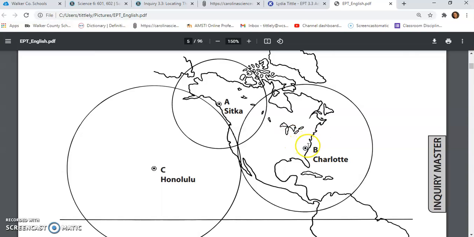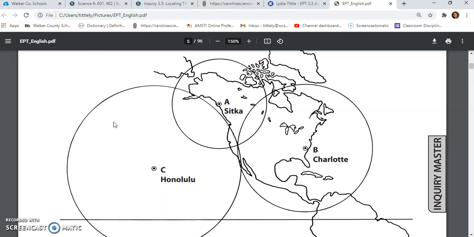And then for Charlotte, North Carolina, we would have drawn a circle that is 3,500 kilometers from the station, and then for Honolulu, Hawaii, we would have drawn one that was 4,500 kilometers. So we would have done that in class using our compass.